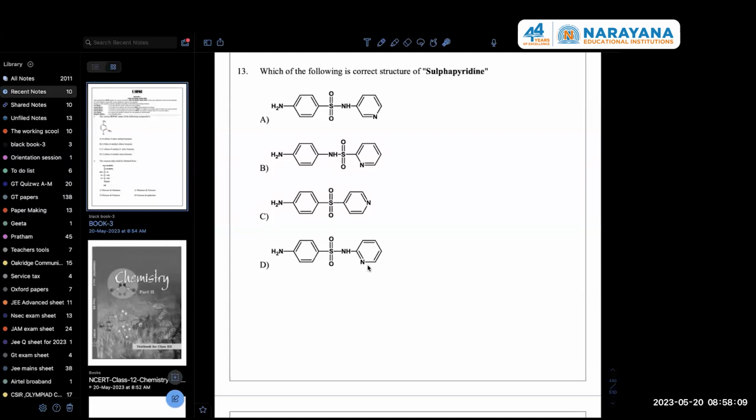Don't miss. Come on. This structure is wrong. B structure is wrong. Why?